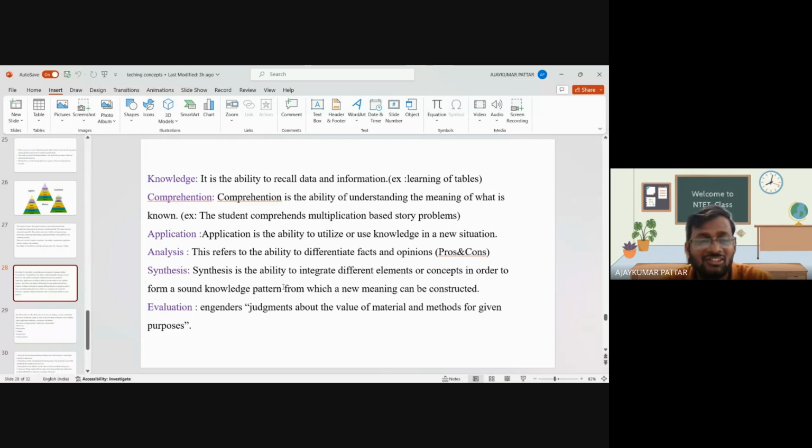That is the highest stage of the cognitive level. This usually happens in a sequential manner only. Directly from knowledge to application will not happen. Without comprehension, without understanding that information, we don't have the ability to apply that knowledge in a new situation.